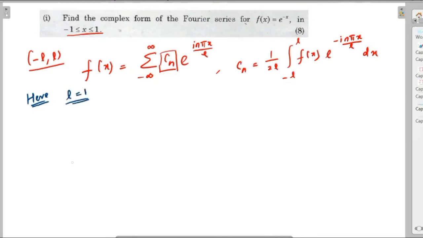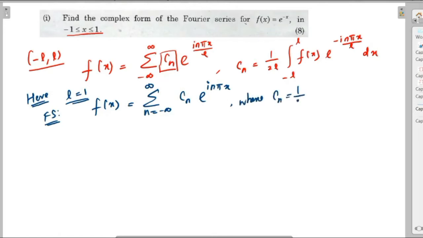You can rewrite this formula as the Fourier series of this function as summation n from minus infinity to plus infinity cn e power i n pi x, no need to put the division, where cn equals 1 by 2 integral from minus 1 to plus 1 of f of x e power minus i n pi x dx.